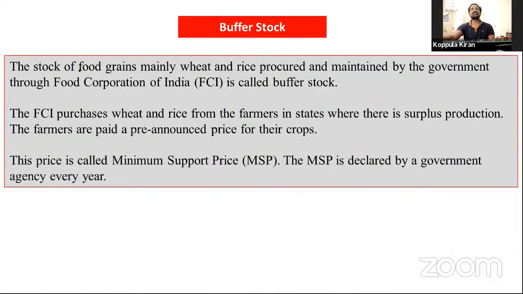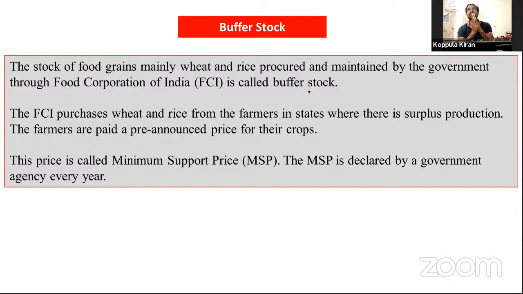Okay, buffer stock. What is the buffer stock? The stock of food grains, mainly wheat and rice, procured and maintained by the government through the Food Corporation of India is called buffer stock. Buffer stock means we can store the food grains. How can we store it?